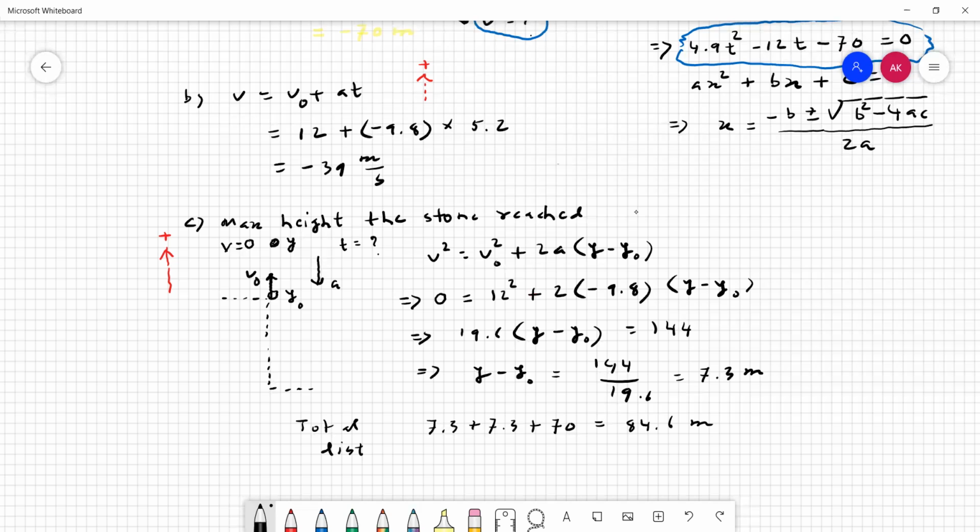All right, that's it. Okay, so someone wanted to ask me some question. I wanted to know whether this equation came from that you did last, 7.3 plus 7.3 plus 70. Okay, and that one you're talking about is this one.